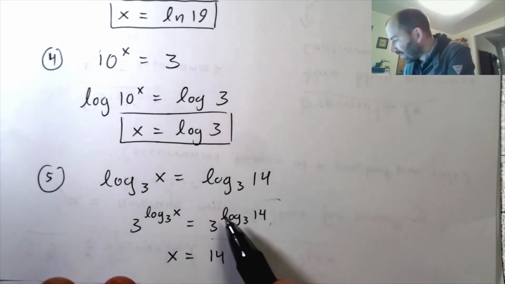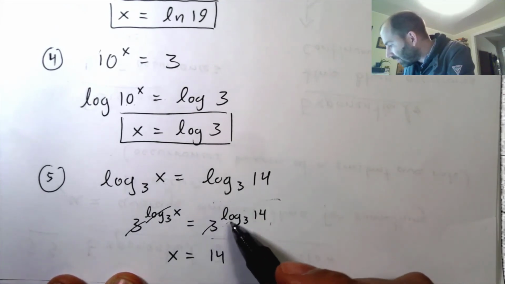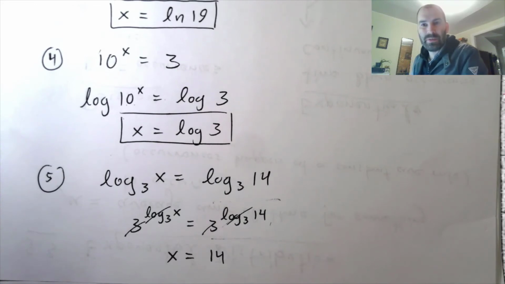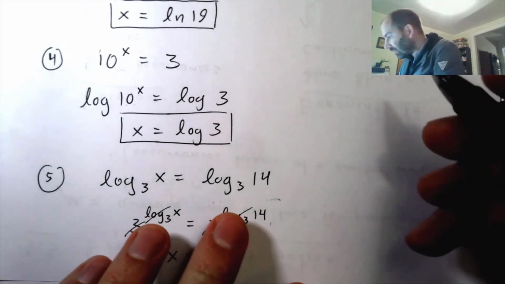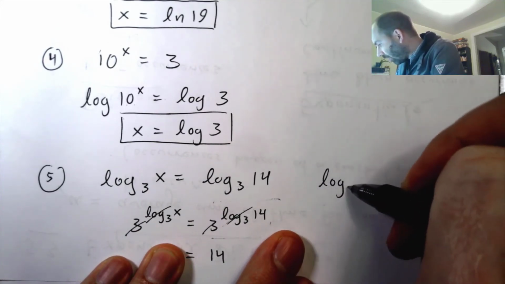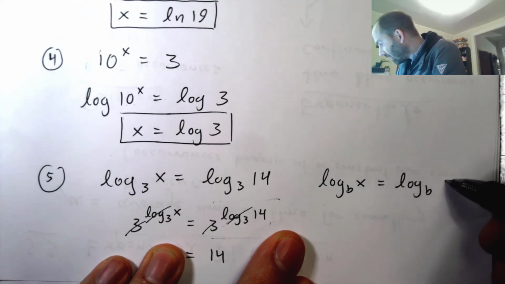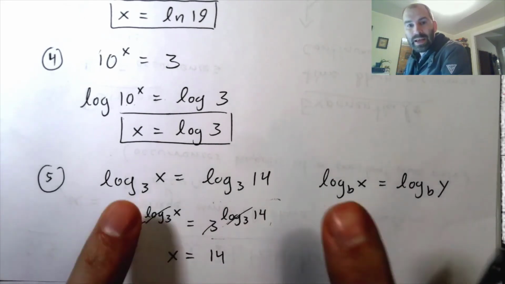Another way to think about that is, again, these are inverses, so they cancel each other out. Inverse functions cancel each other out. And also what we're seeing here is the one-to-one property of logarithms. If we write this in a more general form, if I write log base b of x equals log base b of y, I can do the same thing.